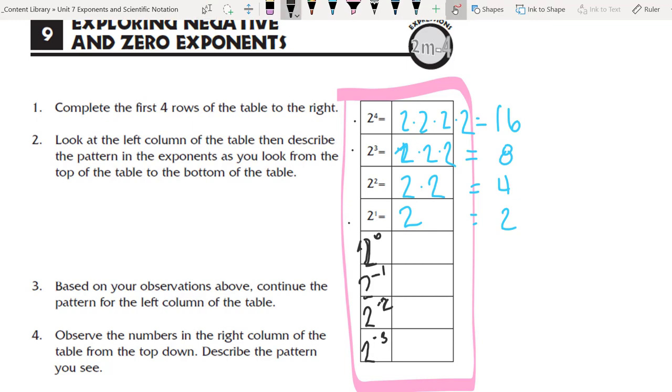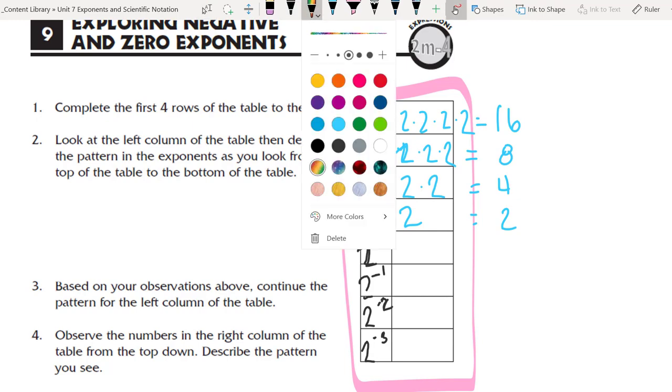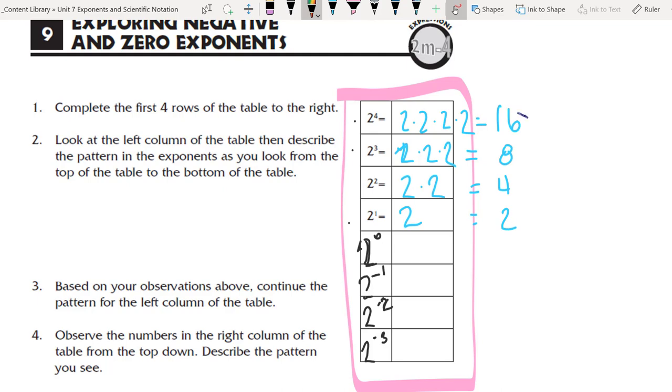So looking from here to here to here, what operation is happening when we go from 2 to the 4th to 2 to the 3rd to 2 to the 2nd to 2? From 16 to 8, we divided by 2. From 8 to 4, we divided by 2.